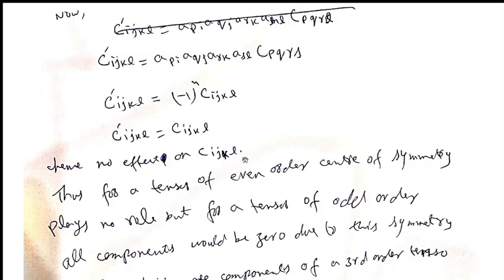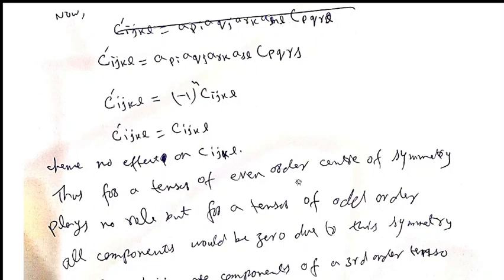Thus we have a result that for a tensor of even order, if there is a center of symmetry, then that center of symmetry will play no role for that even order tensor. Role in the sense that this symmetry will not reduce any independent components.